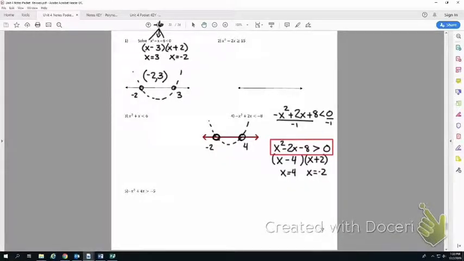I want to write the domain separately, and then we'll talk about what it looks like together. What would be section 1, this over here? What is the domain of that part? -infinity to -2. What about this one? 4 to infinity.